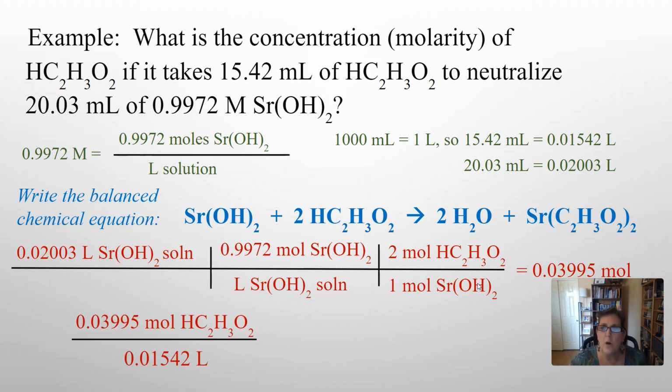We're going to take our 0.03995 moles of vinegar divided by the 0.01542 liters of vinegar to get our molarity of vinegar, which is 2.591. Again, we're going to be doing this in lab. Go over this one again if you need to.